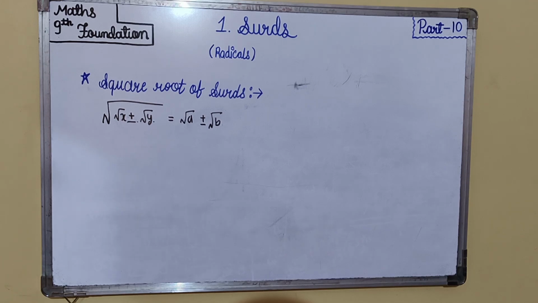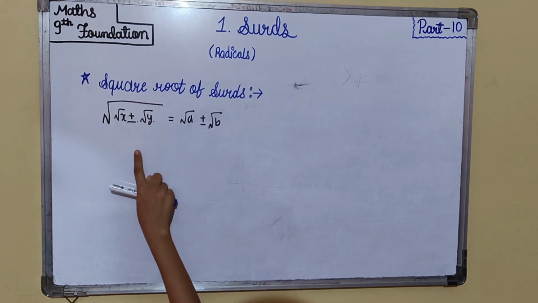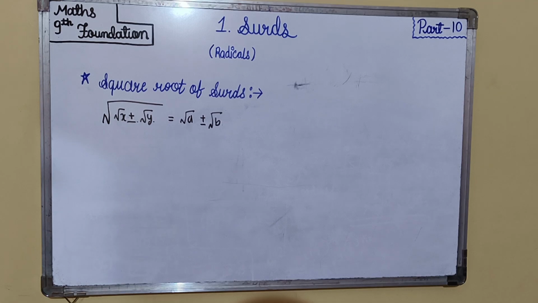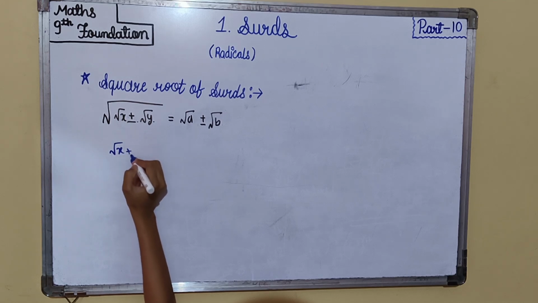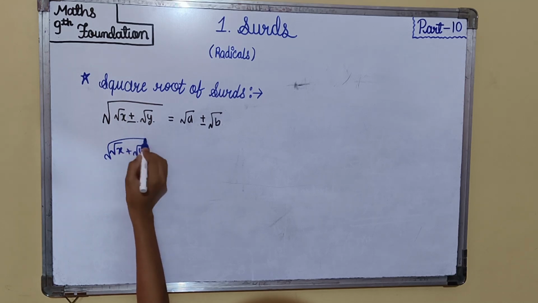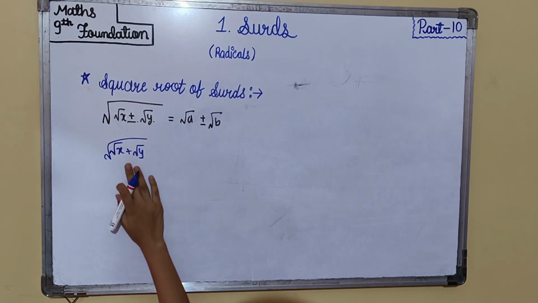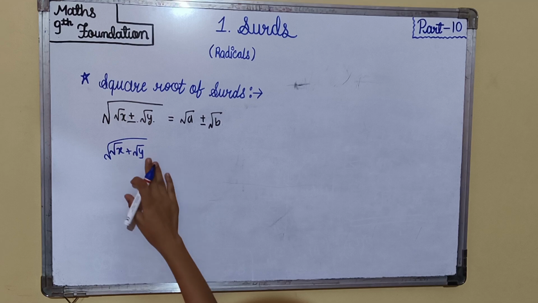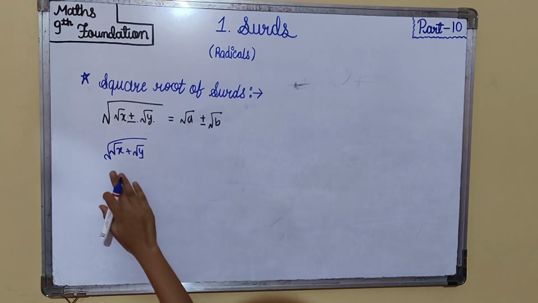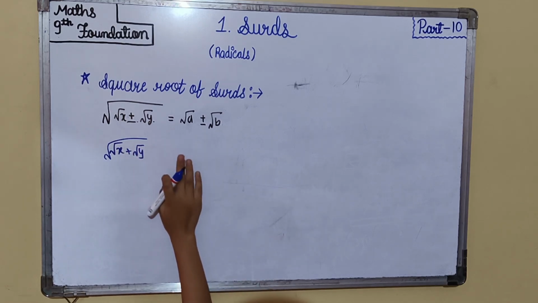So there are some steps to find the square root of root x plus root y whole root. As addition and subtraction are the same, most of the time we start with addition, so we'll see how to solve with root x plus root y and their square root.